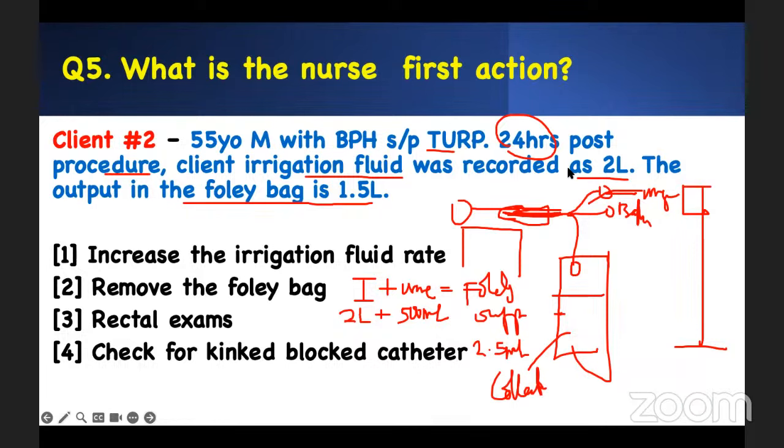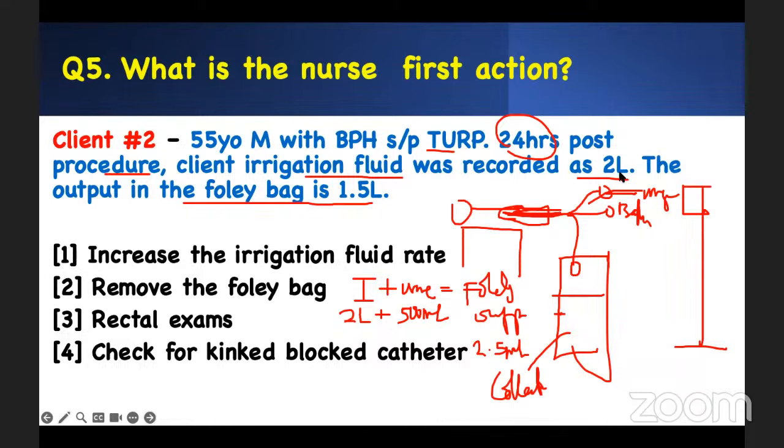This is the key. This is the concept. The input plus how much the patient is voiding together should be equal to what you see in the Foley. If whatever is in the Foley is less than your input, you know that the patient is not peeing or something's blocking it.